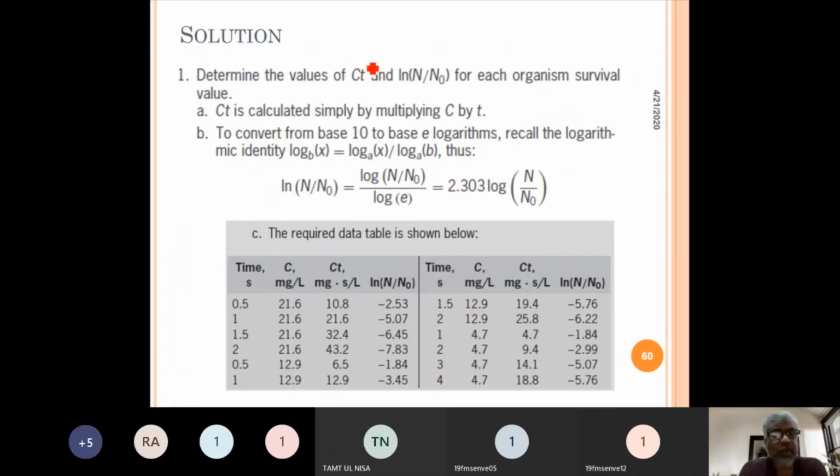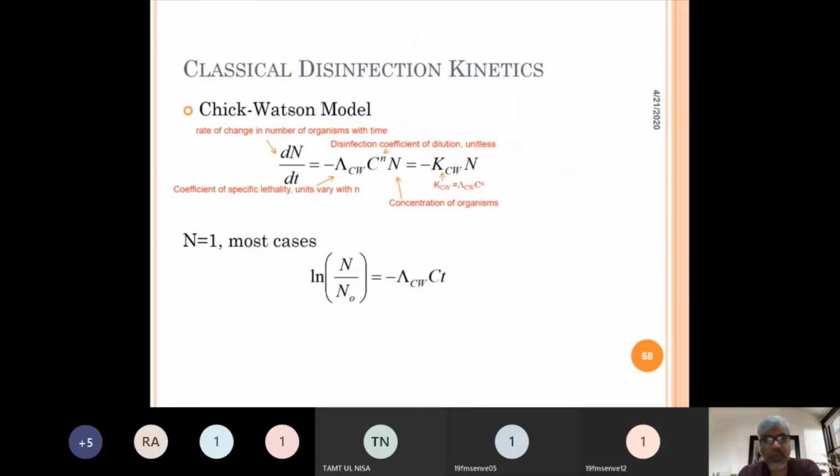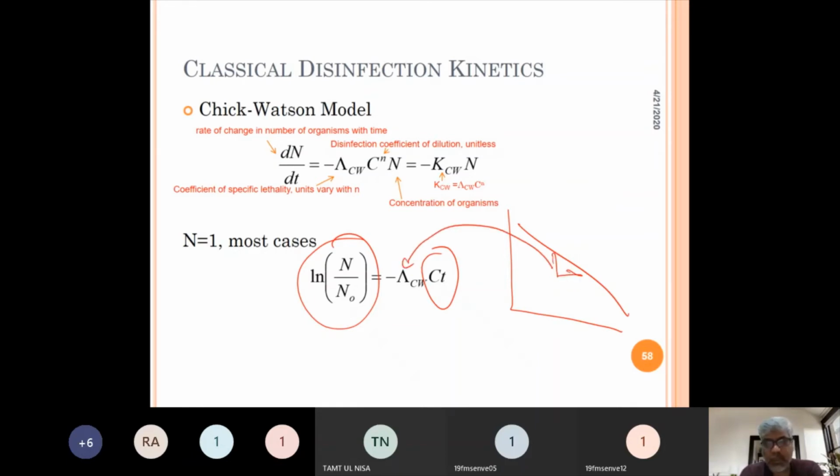So we have to determine the value of CT and log N over N naught, because if we plot them, we will have a straight line, and the slope of this straight line will be the coefficient of specific lethality. So we have to find the product of C and T.